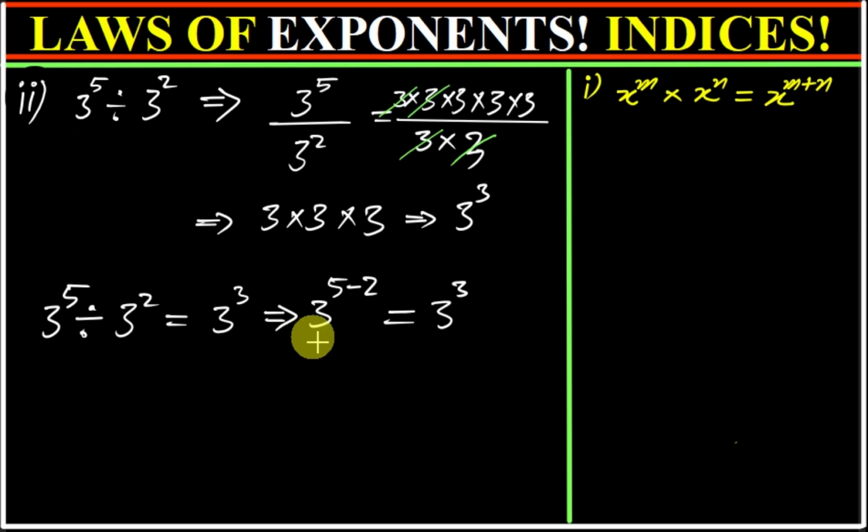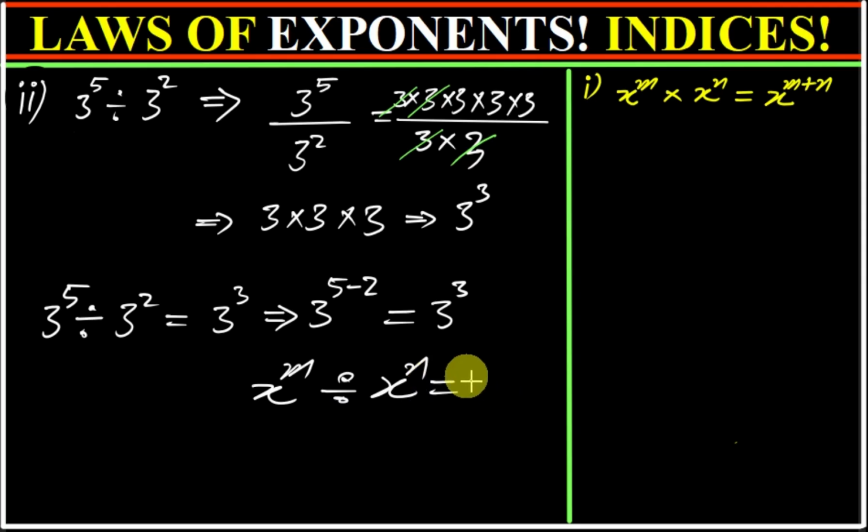If we generalize this, instead of taking 3, 5, 2, we can take a general base x, which may be anything, and powers m and n.